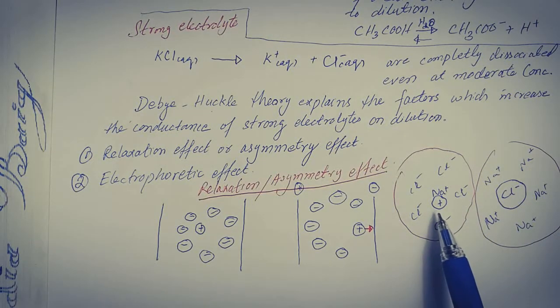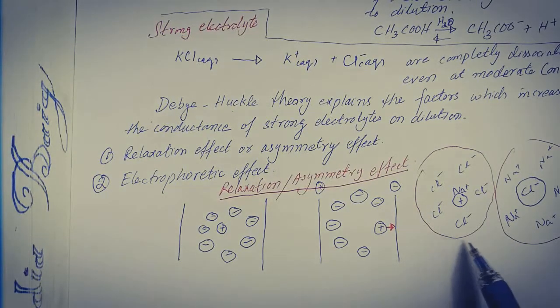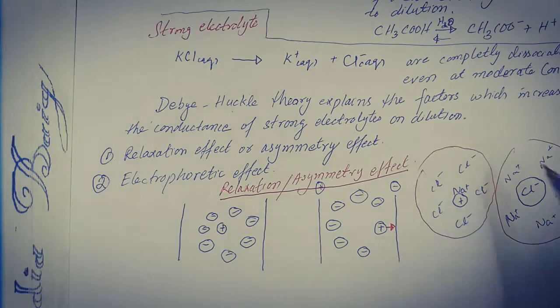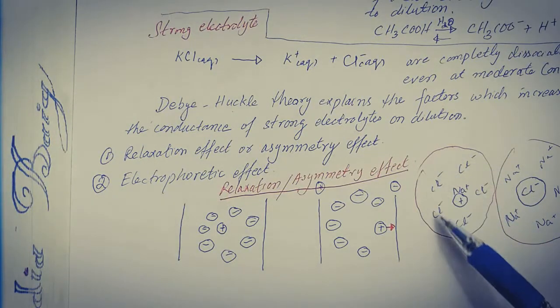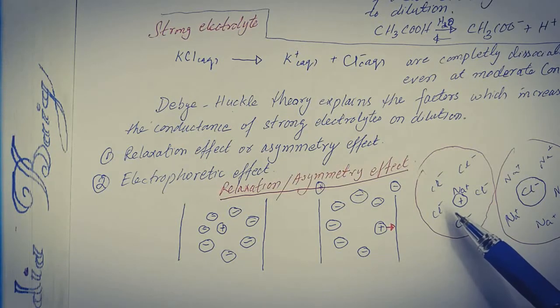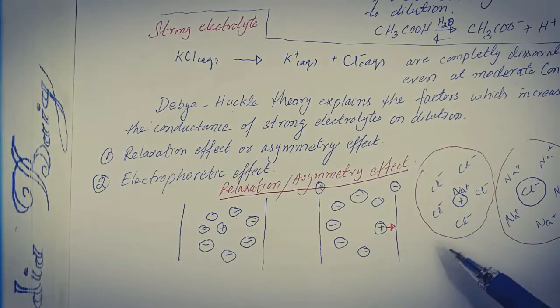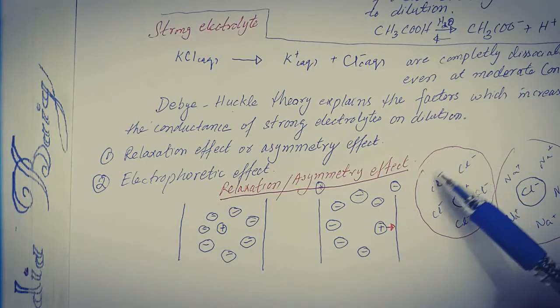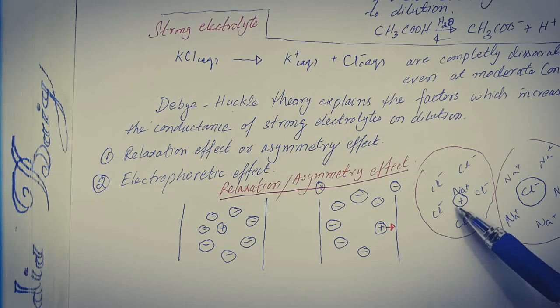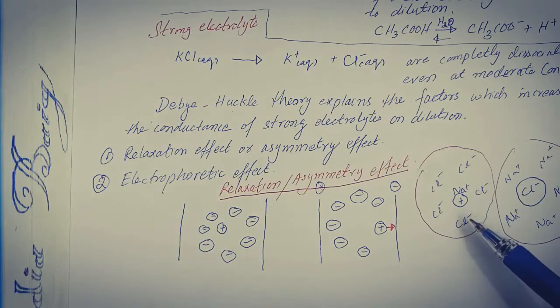So each ion is surrounded by an ionic atmosphere of opposite charges, and this arrangement is known as the ionic sphere. Ideally this ionic sphere must be symmetrical, which means the ions surrounding the central ion must be equally distributed around space.